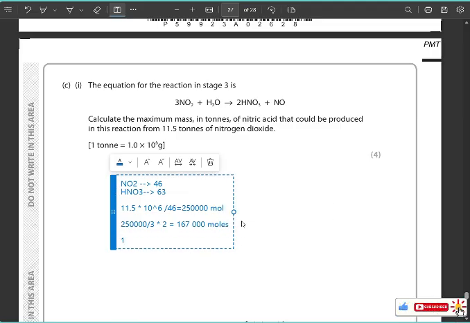And we should multiply the moles of nitric acid by the molar mass of nitric acid, which equals 63, and the answer will be this many grams, which equals 10.5 tons.